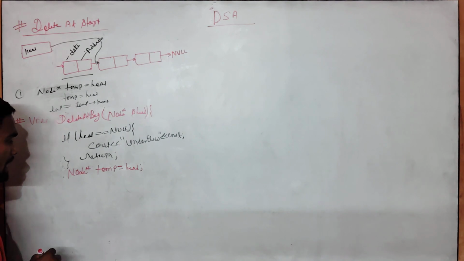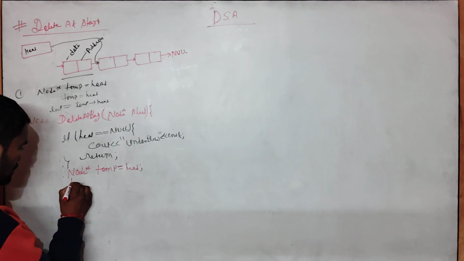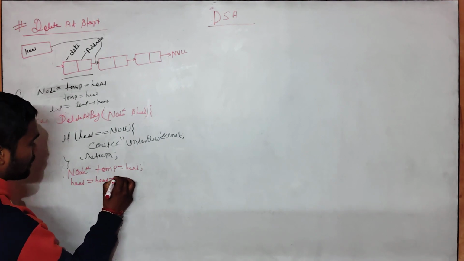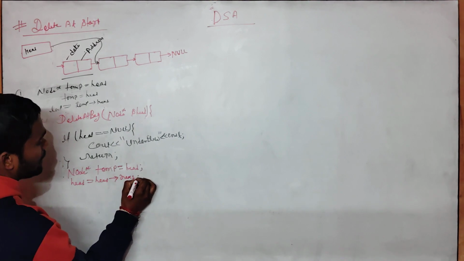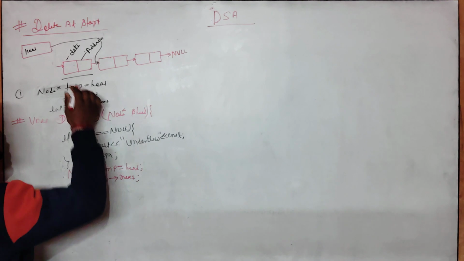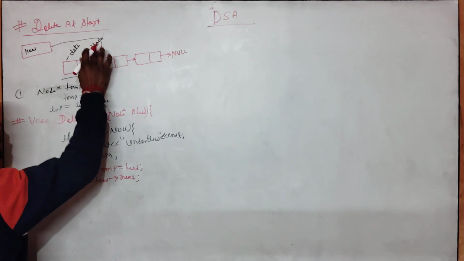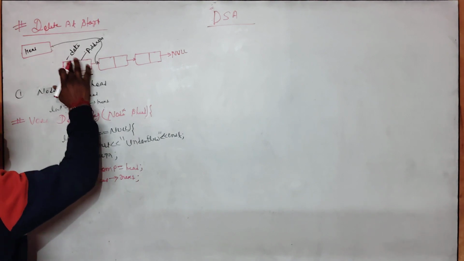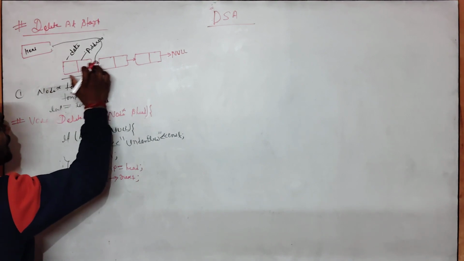Then what will be written here? head is equal to head of next. Because I'm creating a temporary node, temporary node is equal to head, then head is equal to head of next.